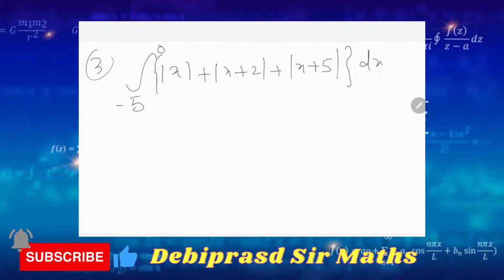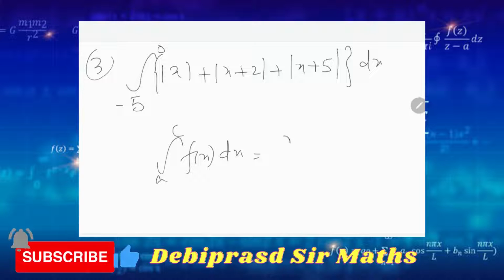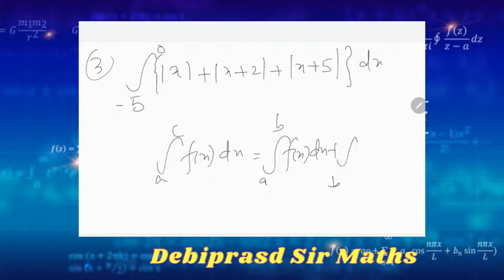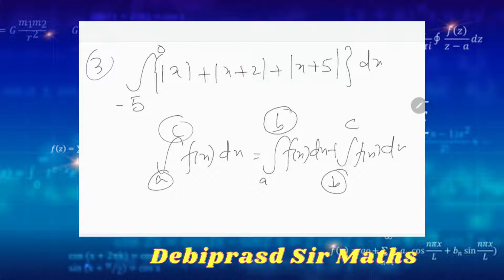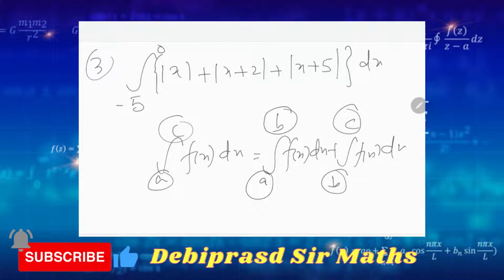Here I will use the formula: integral a to c of f(x) dx, I will insert b, so it becomes integral a to b plus integral b to c. I insert b here, so a and c will remain intact. Okay, this formula I will use for this sum.